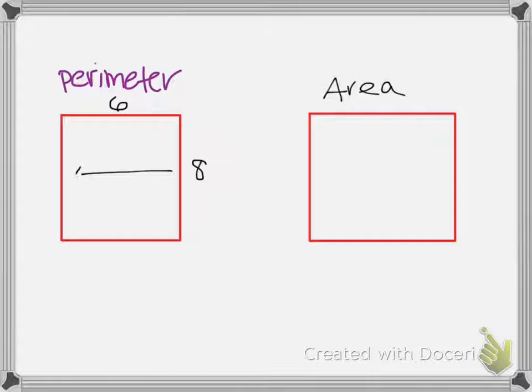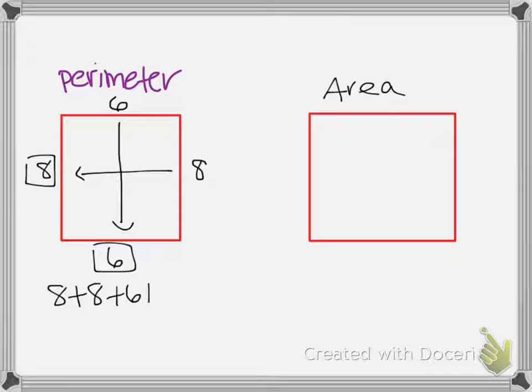So this side has to be 8 because it's the same length, and this side has to be 6. Okay? So what is 8 plus 8 plus 6 plus 6? We add them all up, and this is 16 plus 6 is 22 plus 6 is 28. So the perimeter is 28.